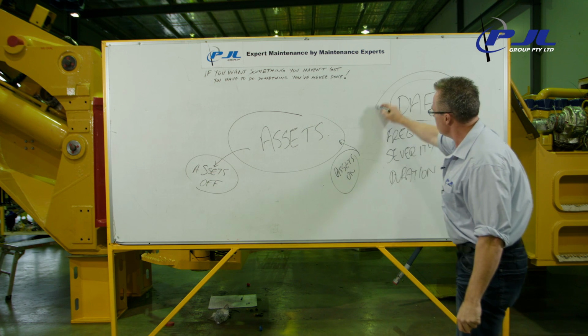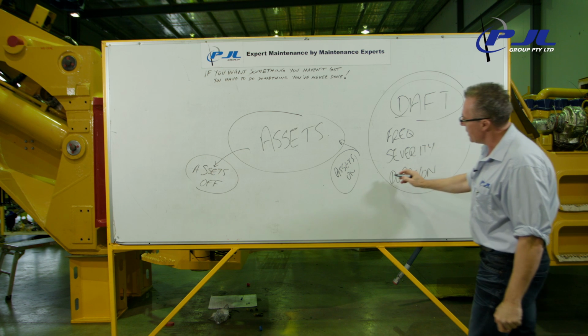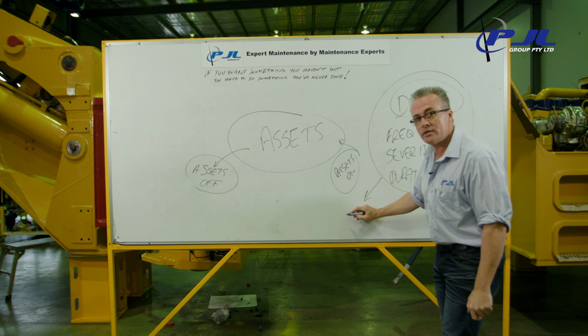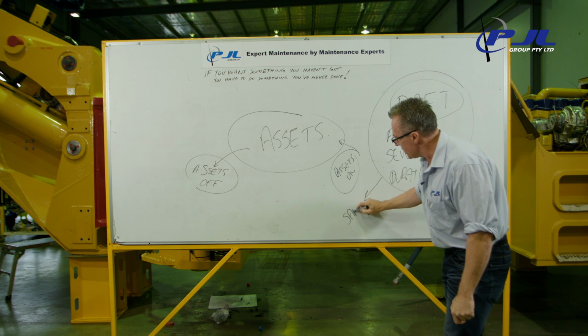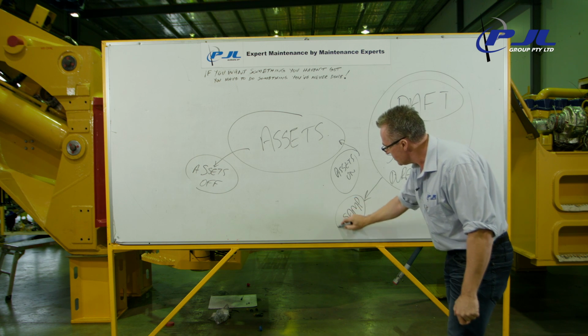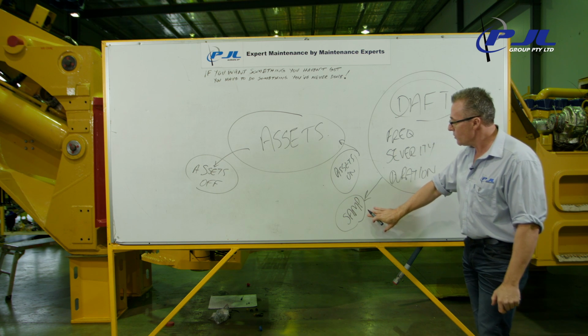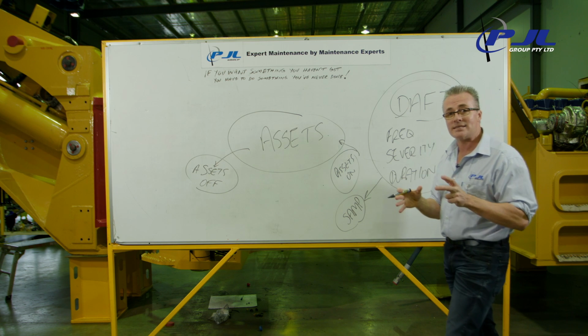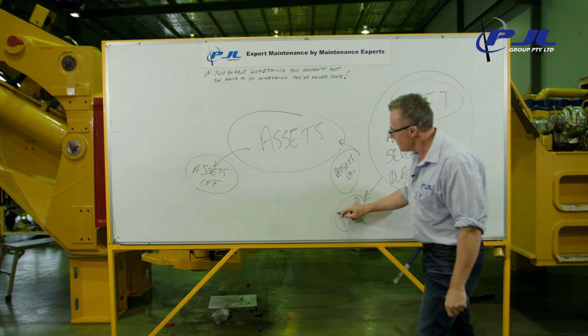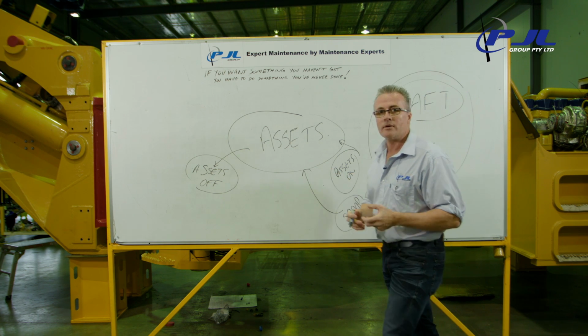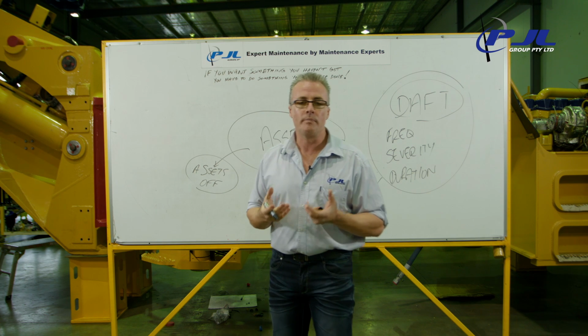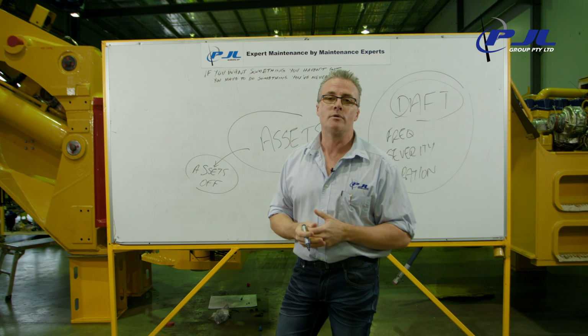We looked at this holistically and we came up with a strategic asset management plan. This is managing your product or your asset intelligently. And so this feeds back into here, and we come up with a very clever plan to look after your kit.